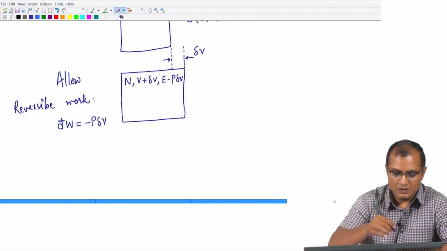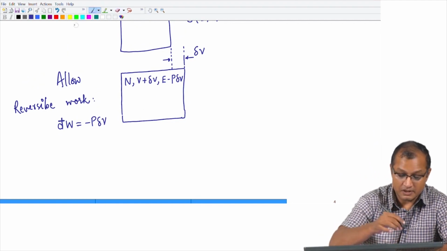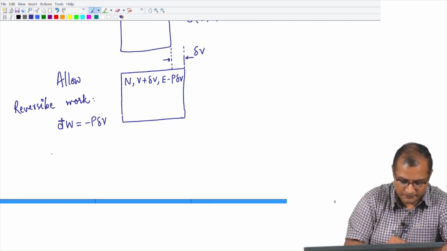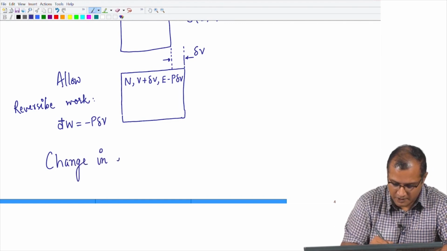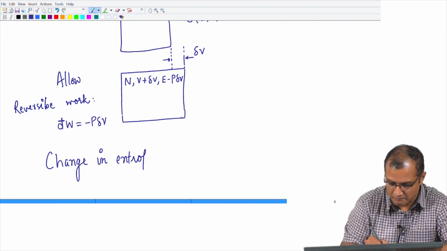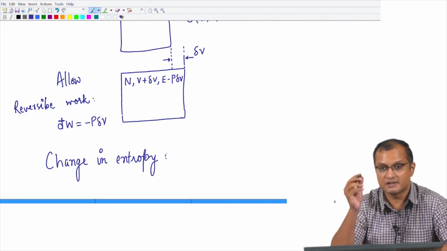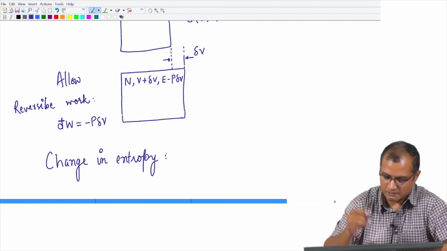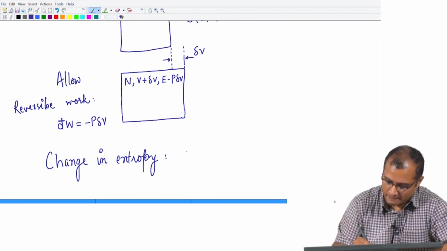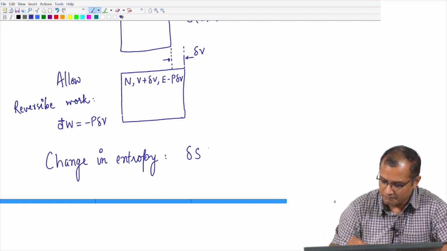Fine. So, let us compute the change in energy and change in entropy. This change in entropy due to this reversible work that we did on our system is basically delta S. But I want to know what this delta S is as a function of E and V.